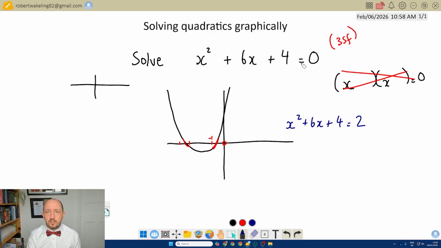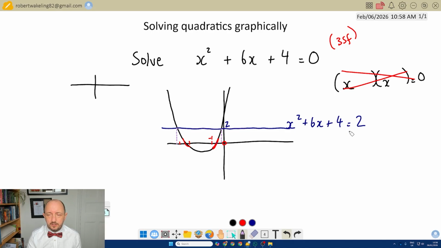And then it wants to know, instead of where it's 0, where is it 2 on the y-axis? So if we draw a line across at 2, we want to find where this line and the curve cross.